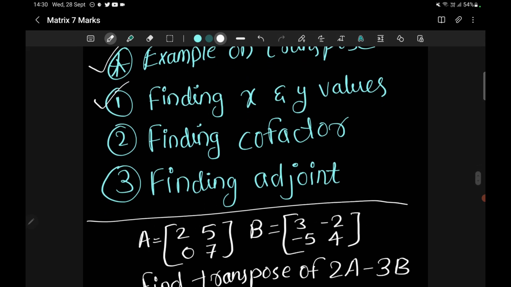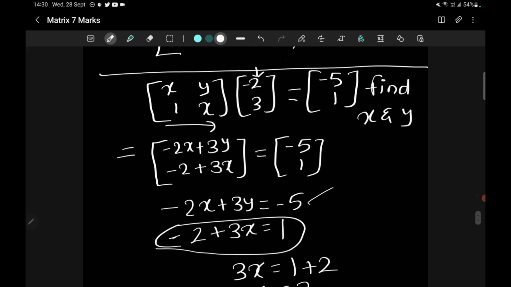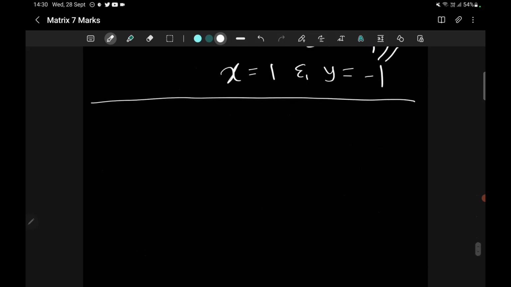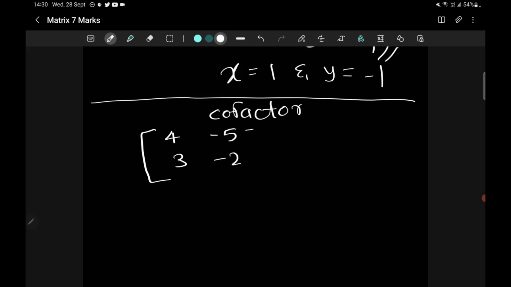Now we will see problems on finding the cofactor. For this also we'll take one example. Cofactor. We'll take this example: 4, -5, 3 and -2.